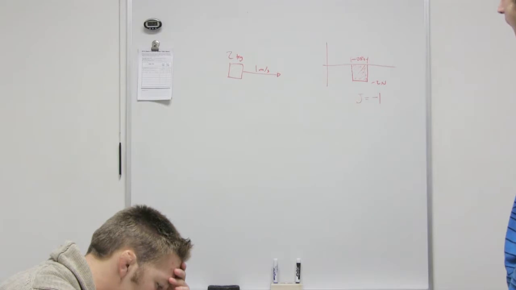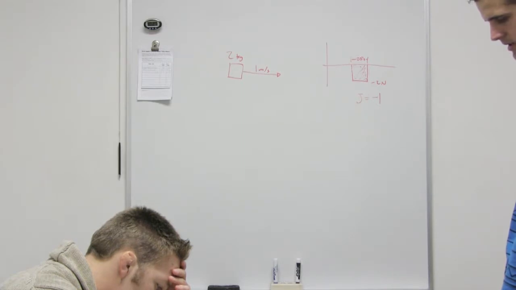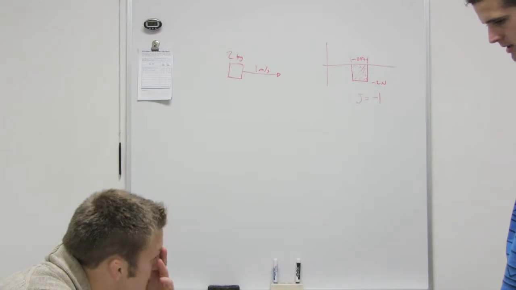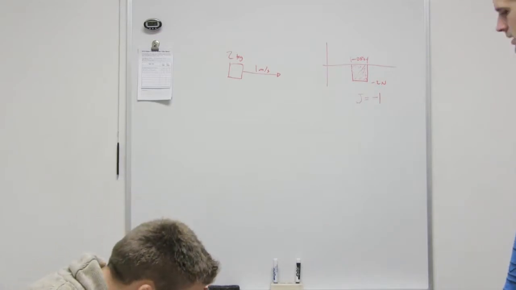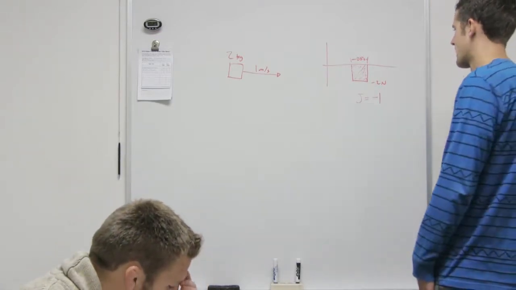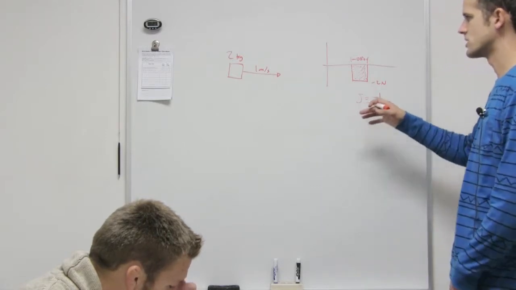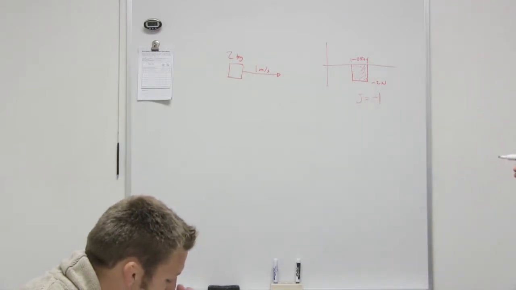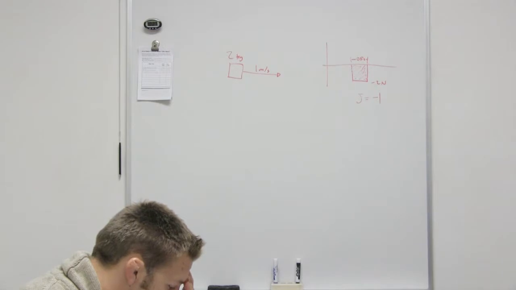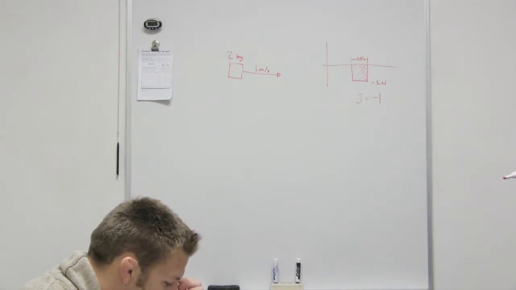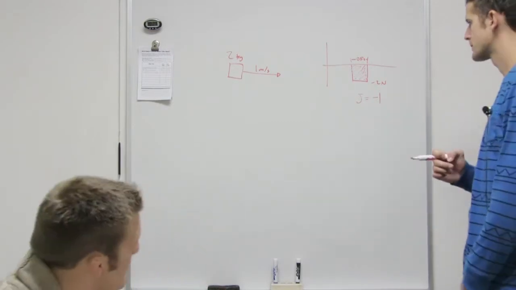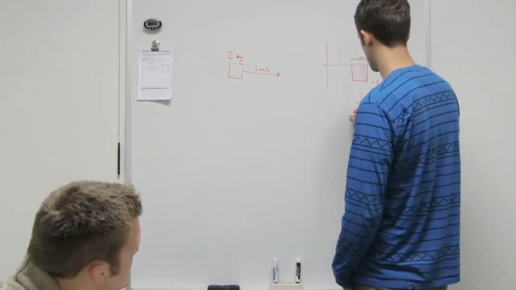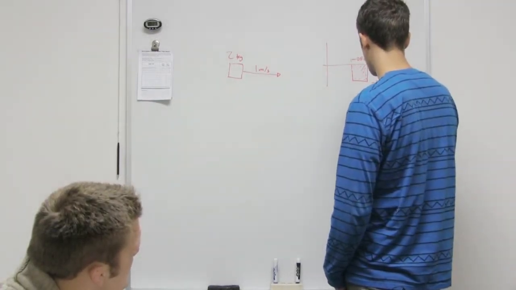They use a J for an impulse, right? Mm-hmm. Okay. And then J, how does the impulse relate to momentum? It's equal to the change in momentum, right?